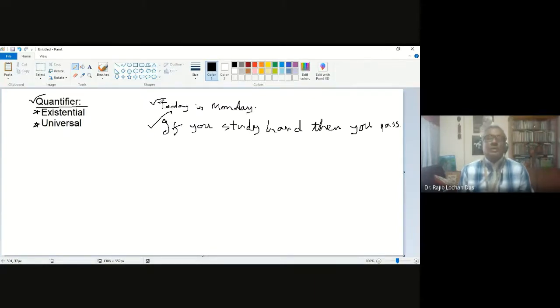So the first one is correct for some days, that is, some days are Monday and some others are not, so this may be the existential quantifier. And the next one, everybody can be included here, so it is an example of the universal quantifier.